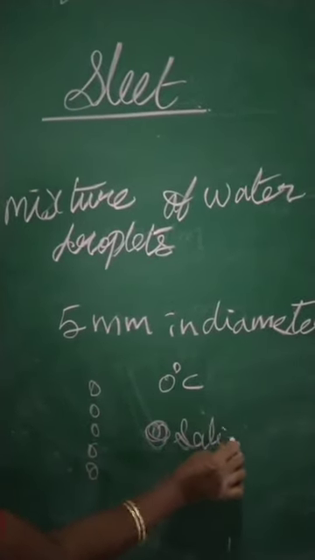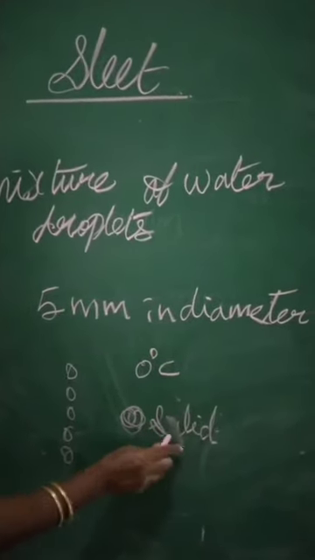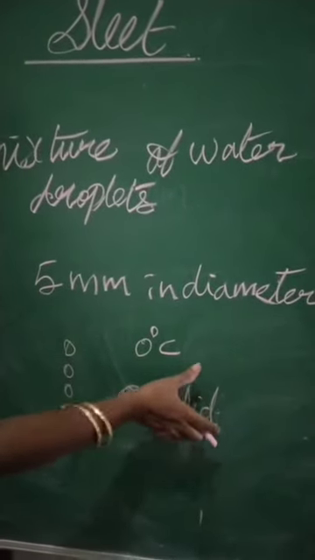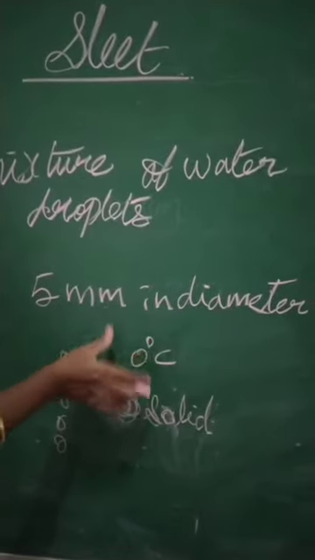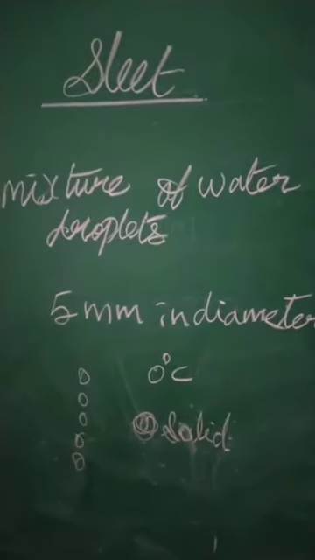Students, look carefully. So the mixture of water droplets and ice particles would fall on the earth's surface.